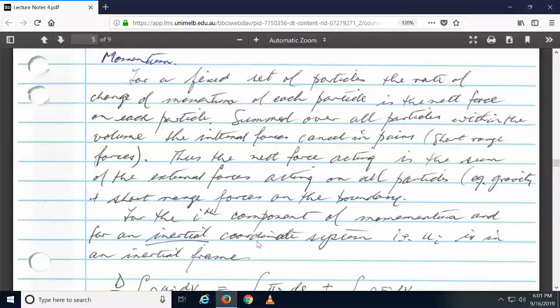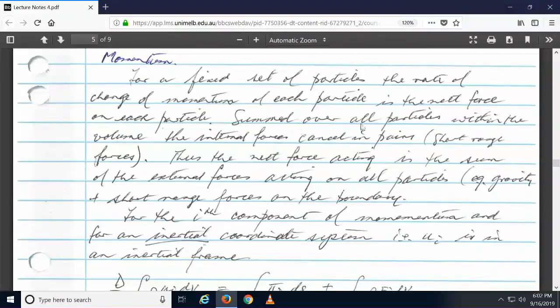So this is Newton's law. So if I have a particle, I change its momentum. It's really the force is the mass times the acceleration, but that's the change in the velocity divided by the time, and the net force is the change of momentum of each particle.